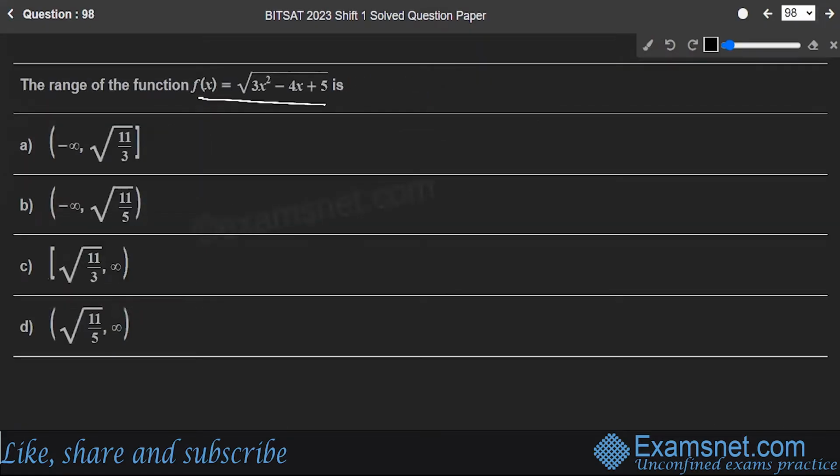The range of this function is. So you have the function f(x) is equal to root of (3x square minus 4x plus 5).